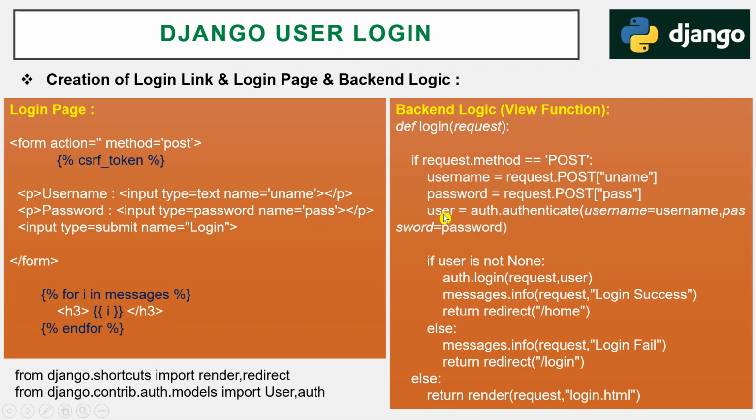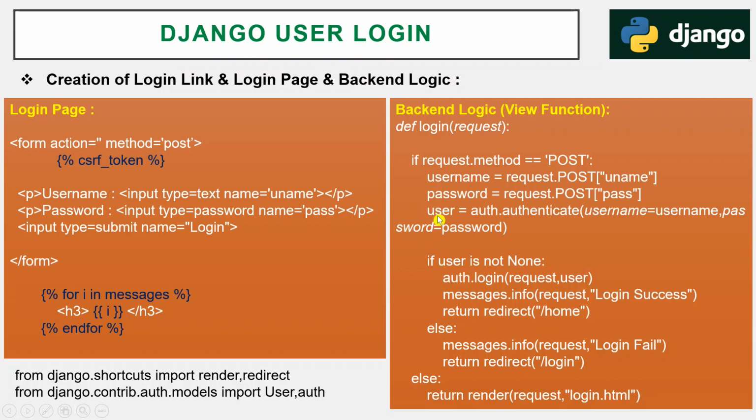And we are creating a user object, right? Next we are checking whether, if that username and password is authenticated, the user will be there. That means the user exists.